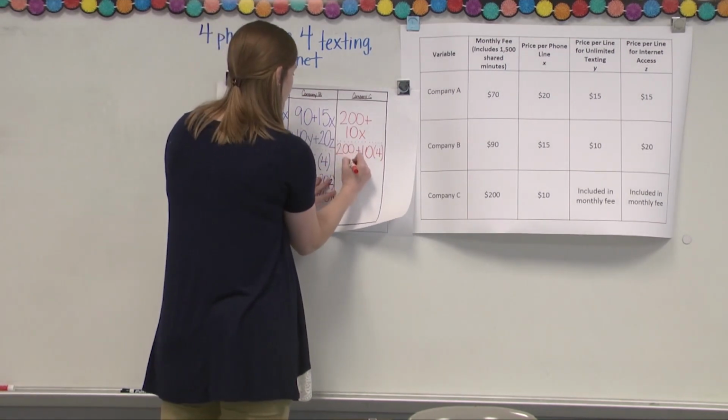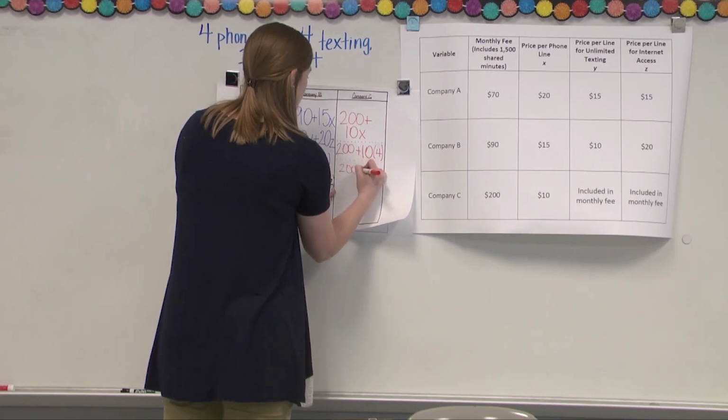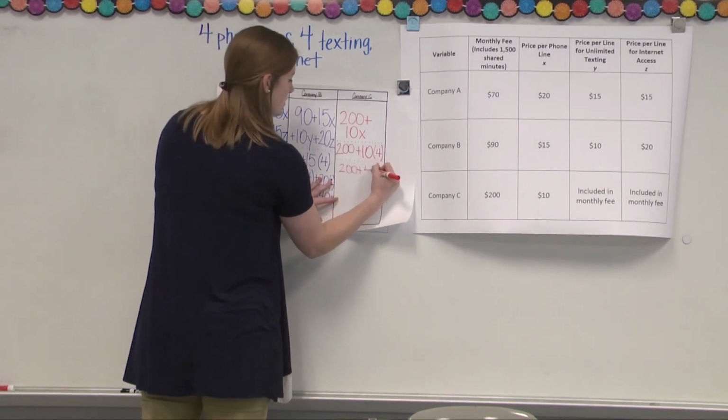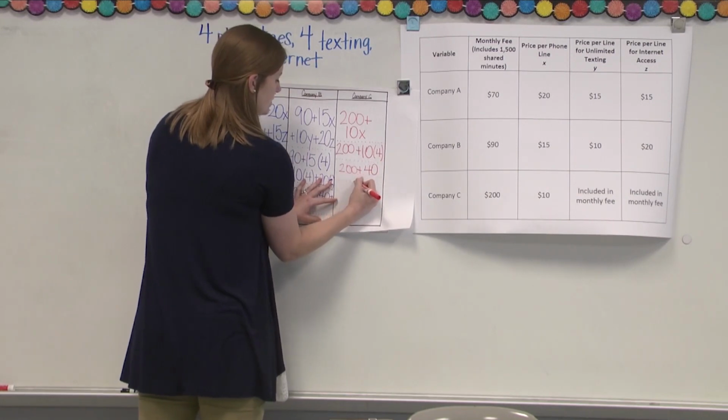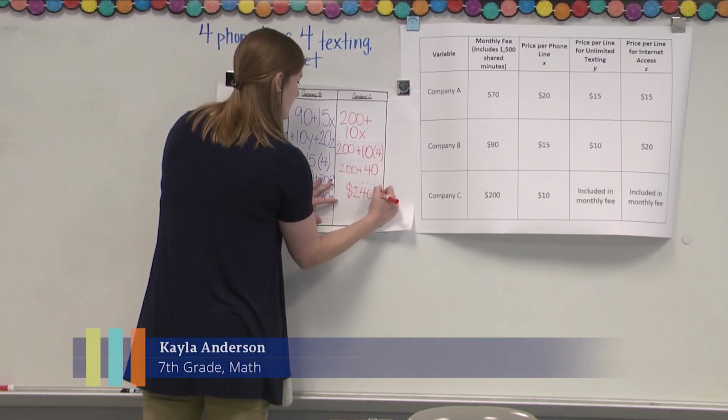So when we do the math here, we get 200 plus 10 times 4, which is 40. So 200 plus 40 gives us $240.